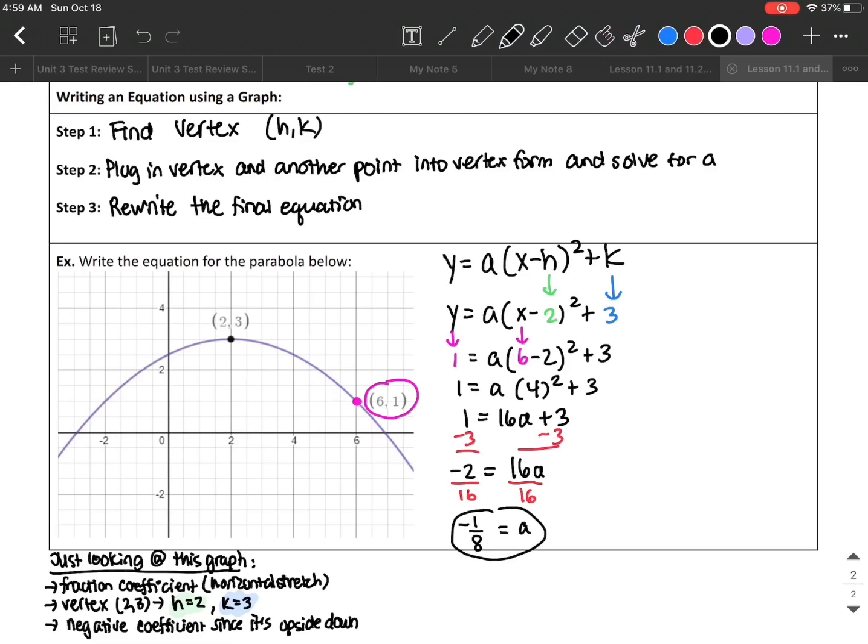I have my h and my k, so I can finish my equation. The regular vertex form is y equals a times x minus h squared plus k.